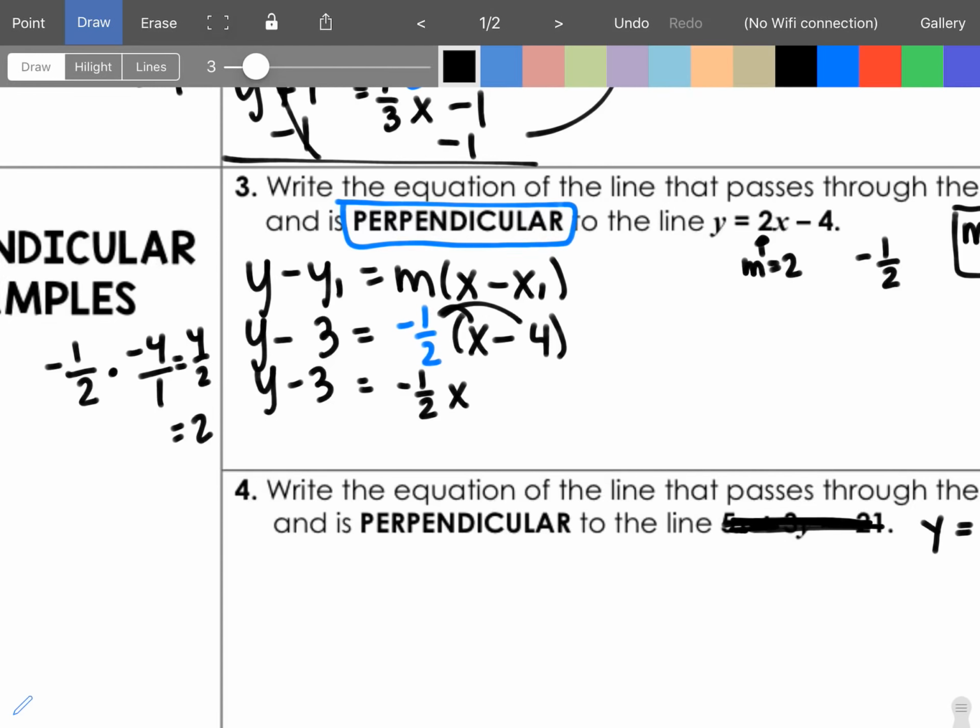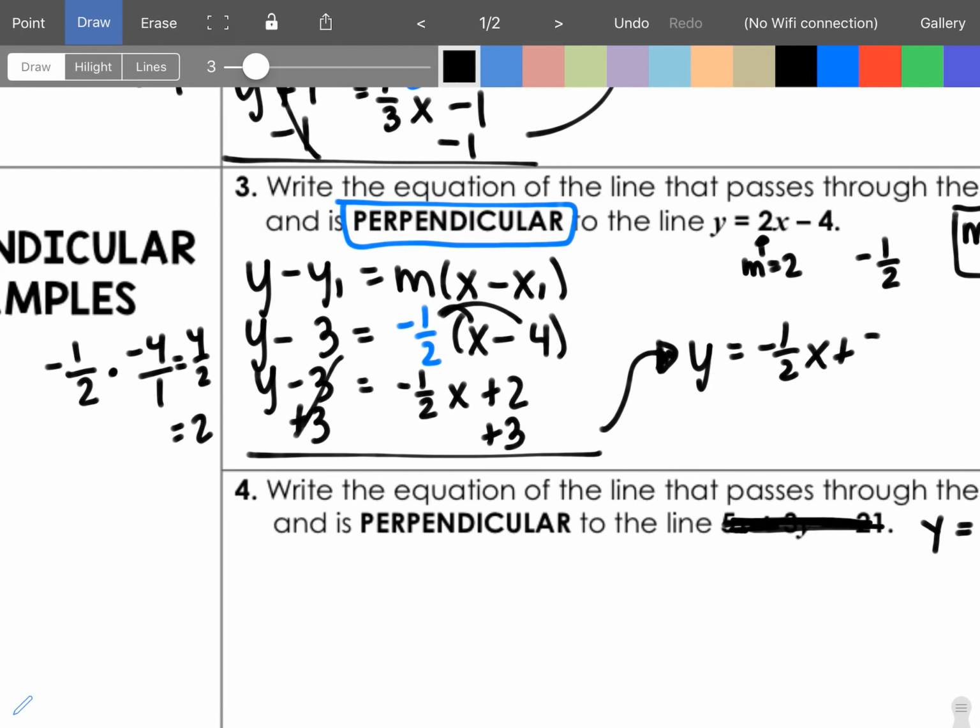So 4/2 is 2. So I'm going to say plus 2. And then I just continue to solve. So I'm going to add 3, add 3. So y equals -1/2 x plus 5.